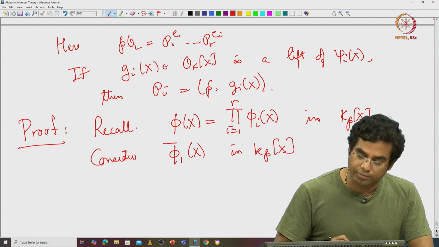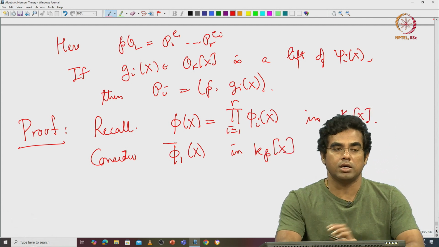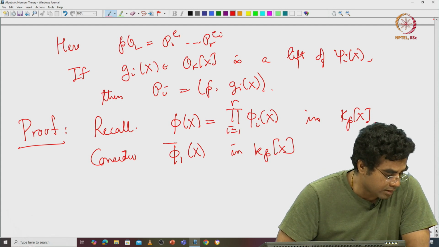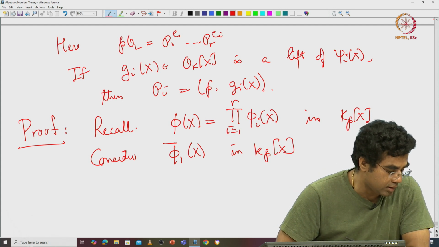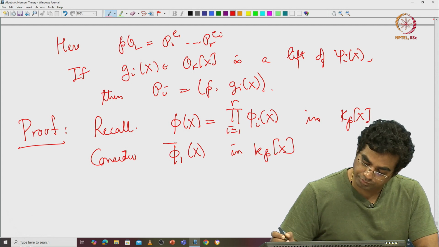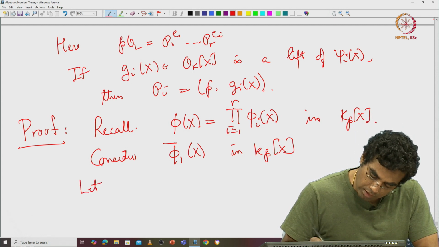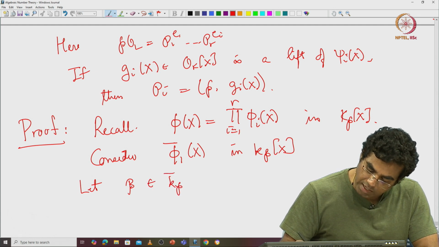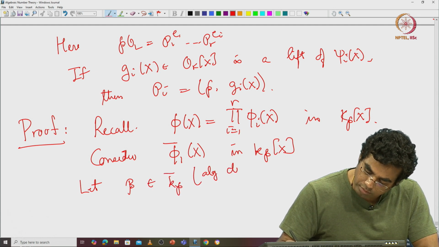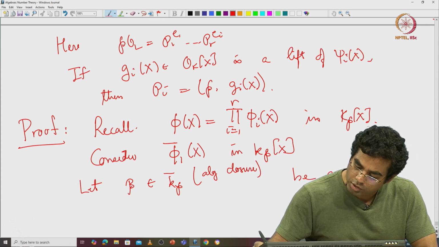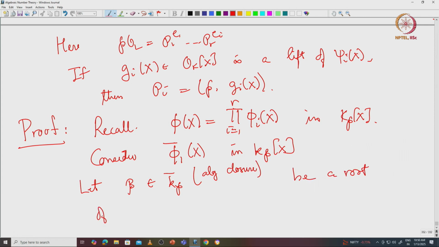This is the image of phi_1(x) in k_p[x], and we call it phi_1 bar. So, let beta in k_p bar, this is the algebraic closure, be a root of phi_1 bar(x).